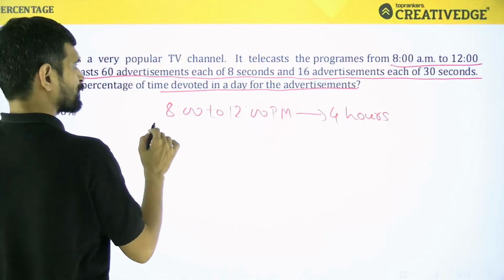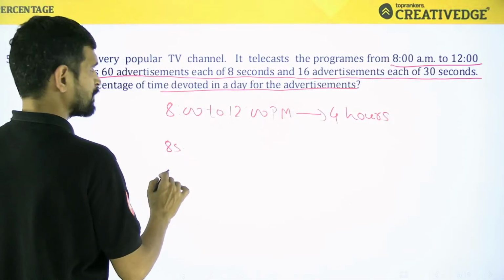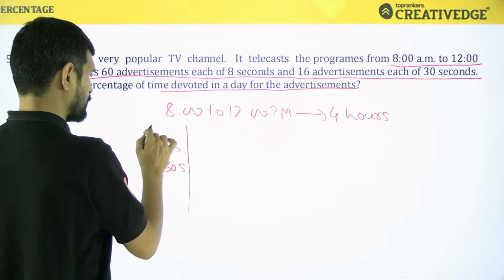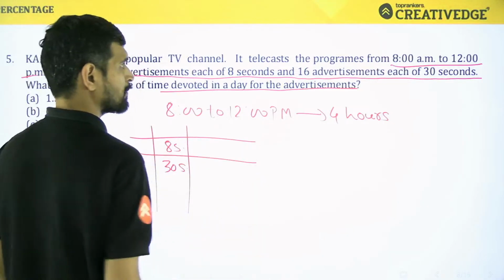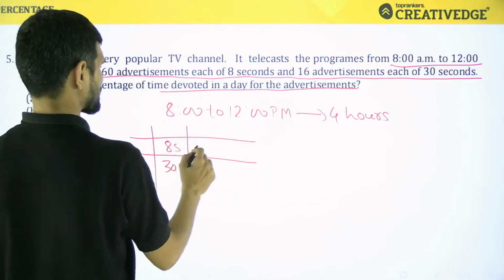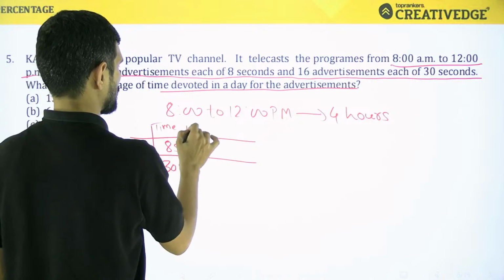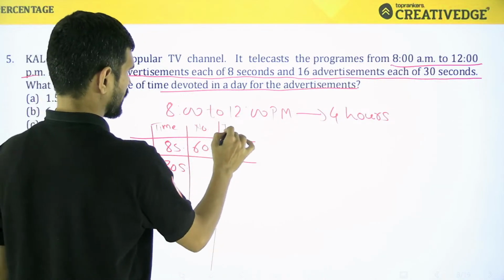Now we have got 8 seconds advertisements and we have got 30 seconds advertisements. So number of advertisements for 8 seconds, this number is 60. This is time, this is number. If we multiply these two, we'll get total time.